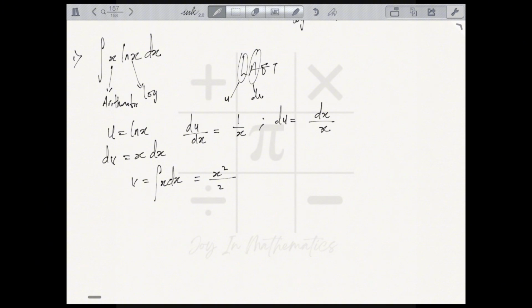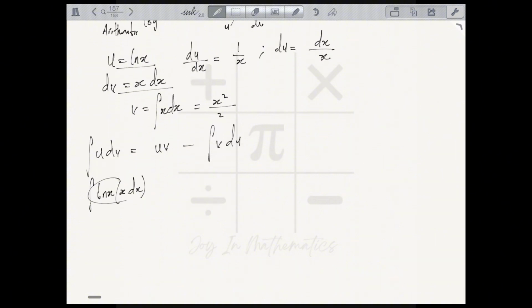Now let's apply our formula for integration by parts, where we have the integral of u dv is equal to uv minus the integral of v du. Our u is ln x and our dv is x dx.